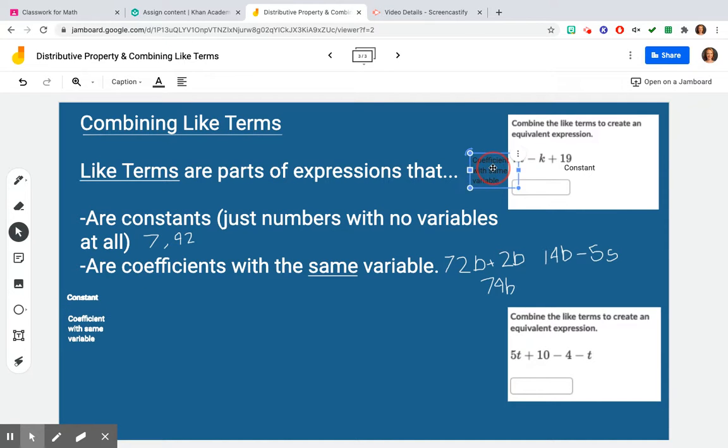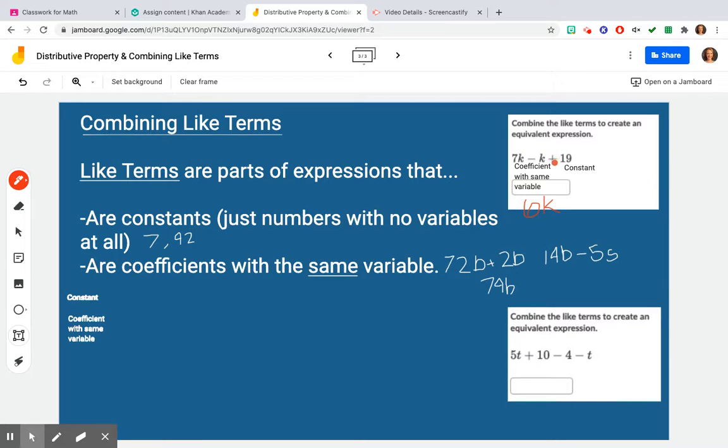However, 7k and k are coefficients with the same variable, so that means we can combine those. They are like terms. 7k minus k, we said that was 1k, would be 6k.